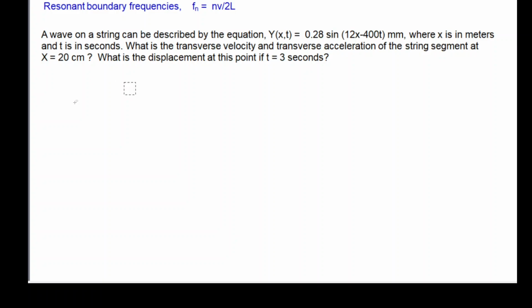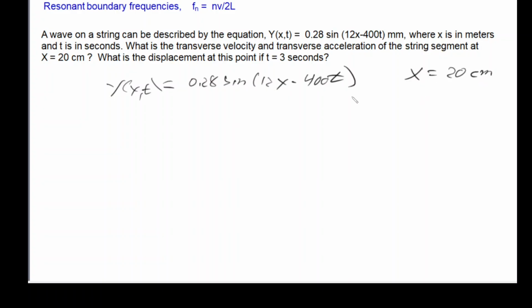So we're given y of x and t is equal to 0.28 times sine of 12x minus 400t. And we're given x is 20 centimeters, but that needs to be in meters. That's equal to 0.2 meters.